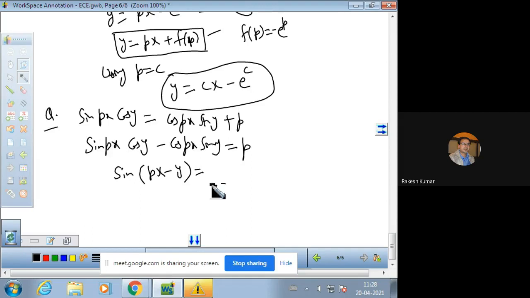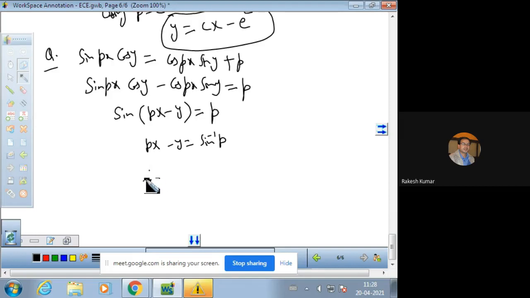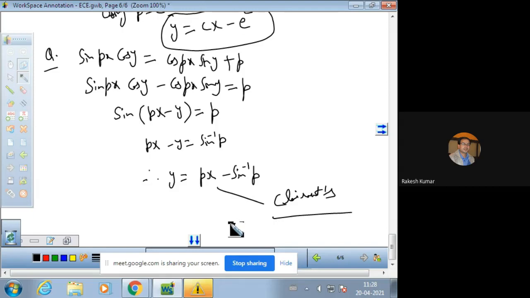So px minus y is equal to p, and px minus y is equal to sine inverse p, and y can be written as y is equal to px minus sine inverse p. Now, which is also of Clairaut's form. And you know the solution of Clairaut, that by using p is equal to c directly, we will be able to find out the solution. So y equal to cx minus sine inverse c is your required solution.